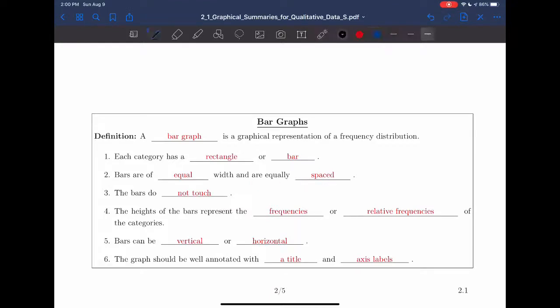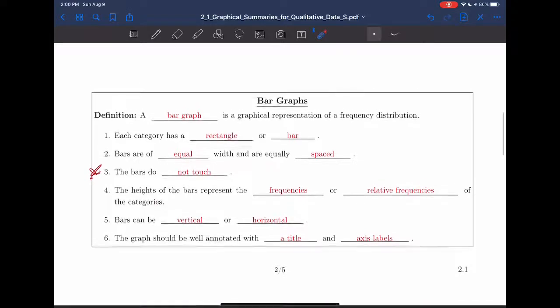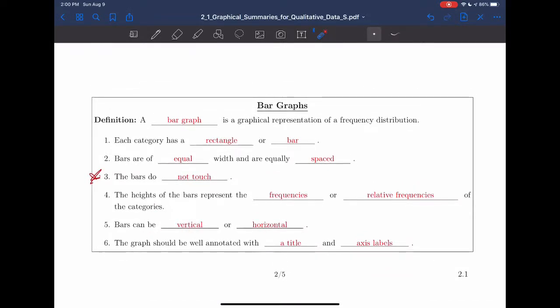Very important, in a bar graph, the bars cannot touch each other. If they do, they become something different, and we're going to talk about that later in the chapter. The height of the bar represents the frequency or relative frequency, and bars can be vertical or horizontal.